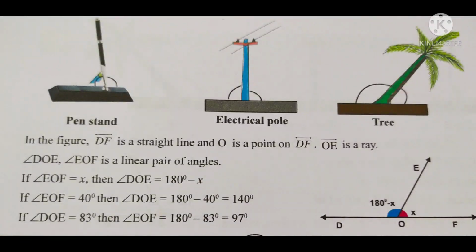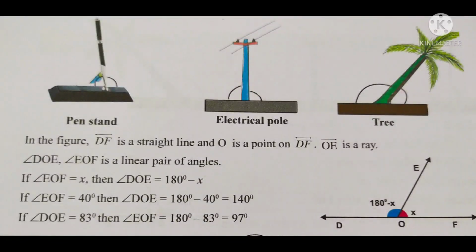Another figure. In the figure, DF is a straight line, O is a point on DF, and OE is the ray. Angle DOE and angle EOF are a linear pair of angles. If angle EOF equals x, then angle DOE equals 180 minus x.